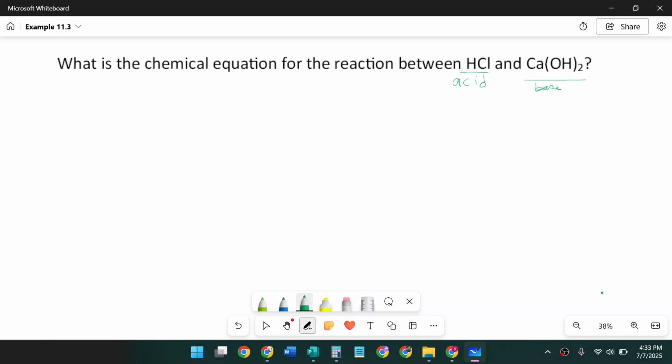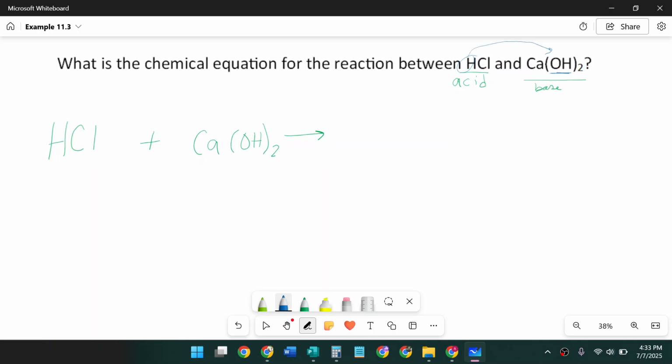So let's start by just writing the beginning part of our chemical equation. So we're going to have this one plus this one, and that yields. Now, we know that the H here is going to connect to something over here.